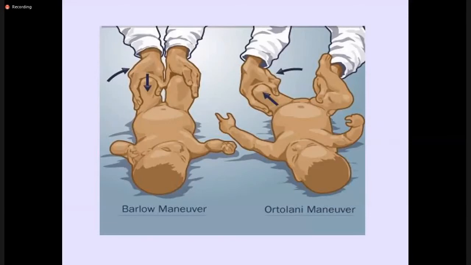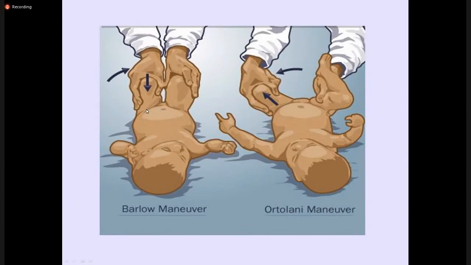So how will we perform it? Look at the newborn and the Barlow test. We stabilize the hip with one hand, the hip should be flexed, and you adduct the hip. What will happen?